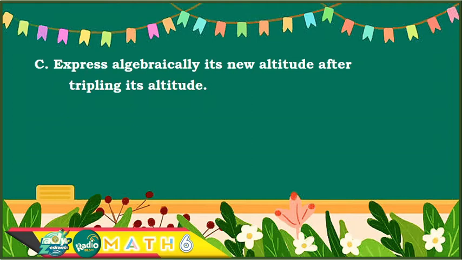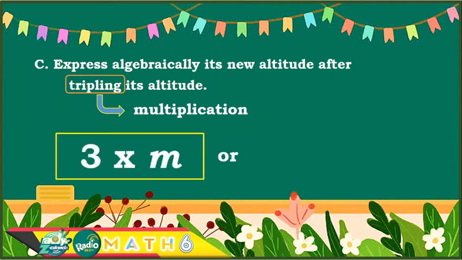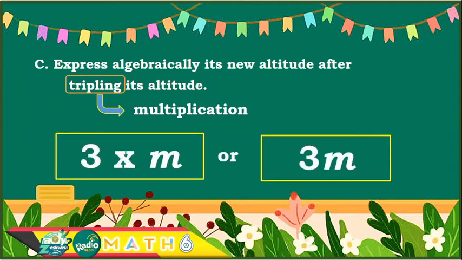Very good! The word tripling is the same as multiplying, which means we will use the operation multiplication. To represent algebraically the new altitude of the kite after tripling its altitude, we have 3 times m, or 3m.